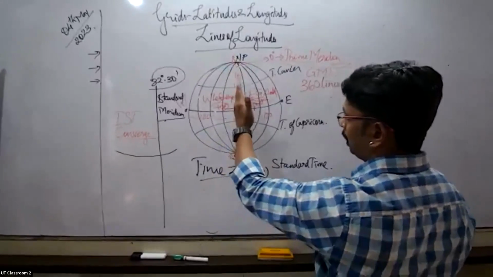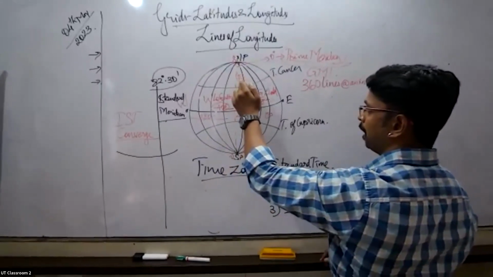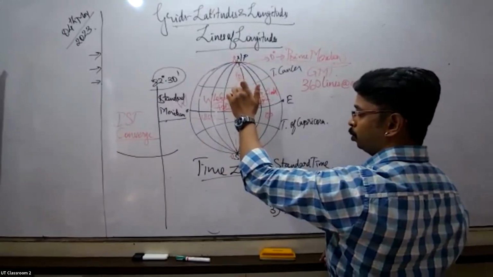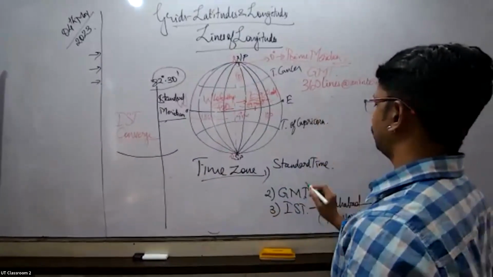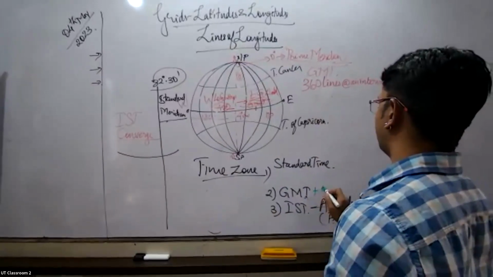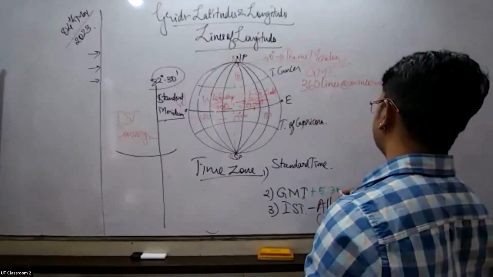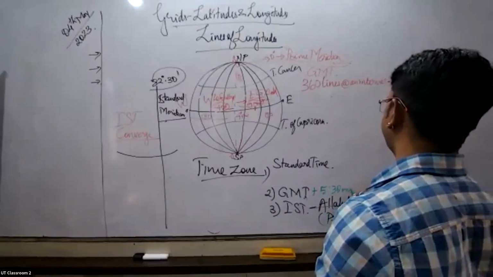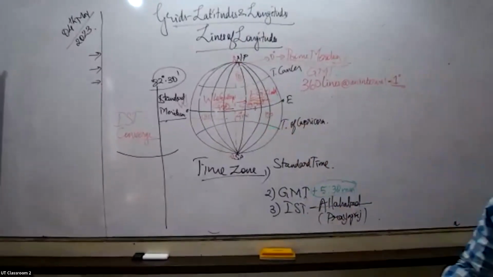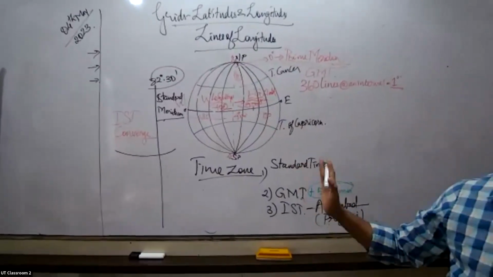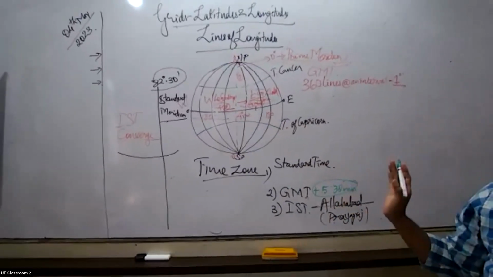Now you calculate any place from GMT, it should be 12 noon. And if we are calculating Indian time from GMT, we have to add plus 5 hours 30 minutes. Any idea why? Because the places at GMT, like London, are behind India by 5 hours 30 minutes.